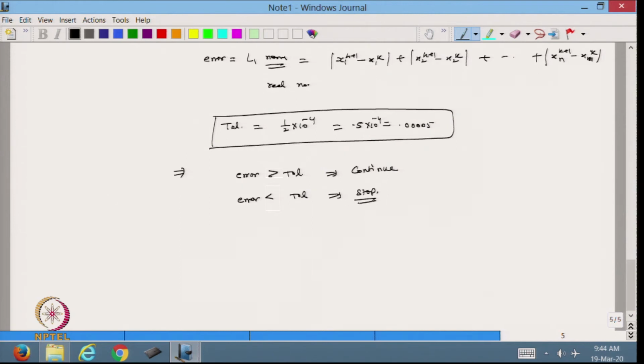It depends upon how much accuracy you are interested in. If you want more accuracy, suppose I take the tolerance as half into 10 raised to power minus 5, then the number of steps may increase.